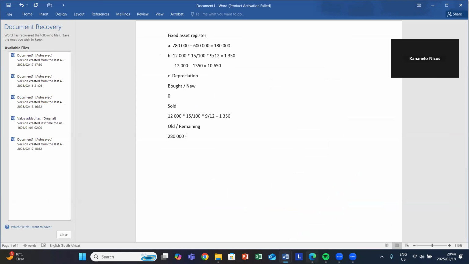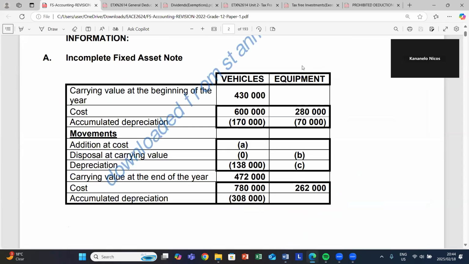Rand. But remember, that is the cost price at the beginning of the year, and in it there is the cost price of that asset that you sold. That asset already has its depreciation calculated, but now we're calculating the depreciation for all the remaining.